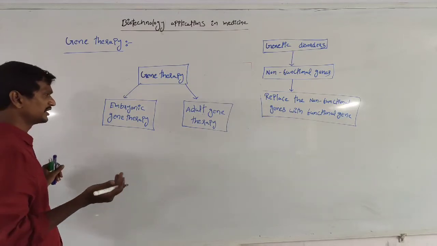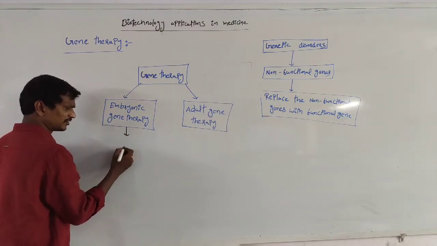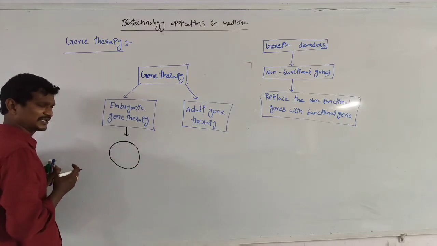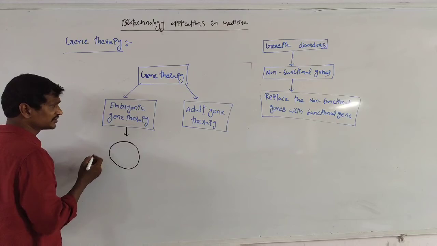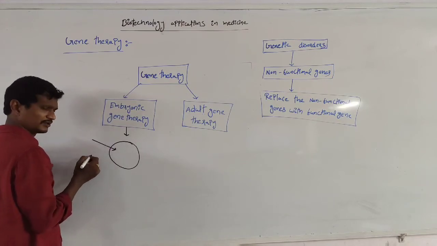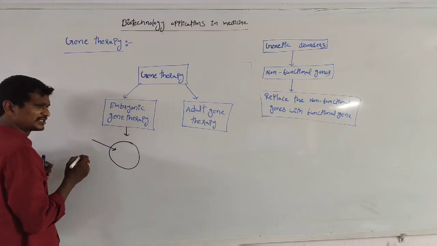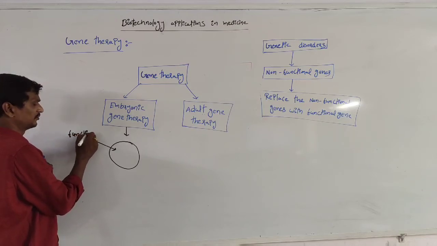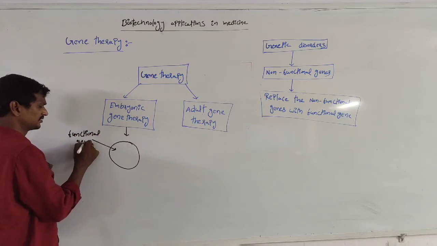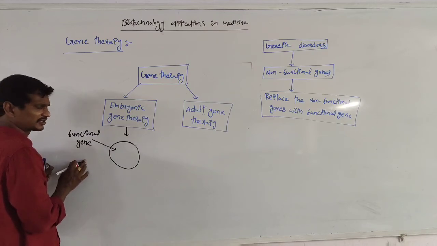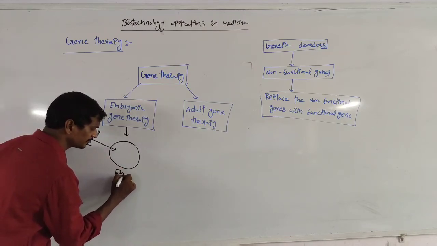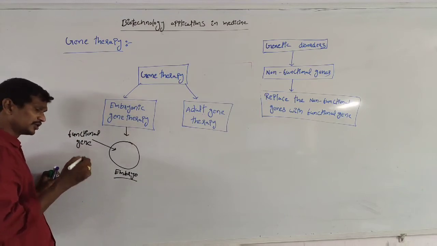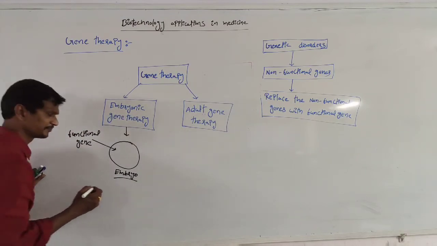So the embryo that is produced is collected, and into those embryonic cells we insert the effective, that is functional, genes. Once we insert the functional gene into the embryo, the treatment is permanent gene therapy.